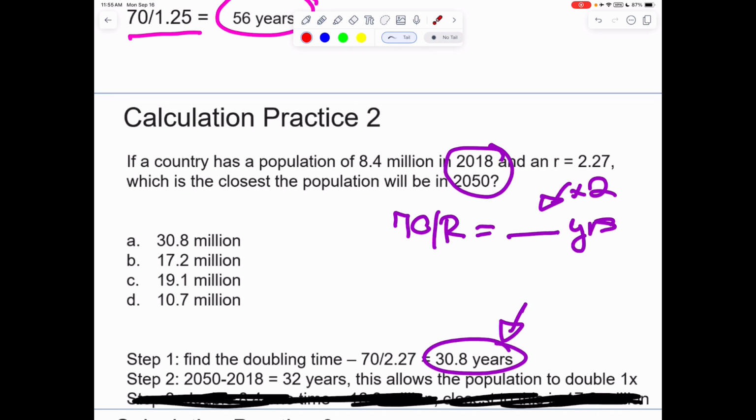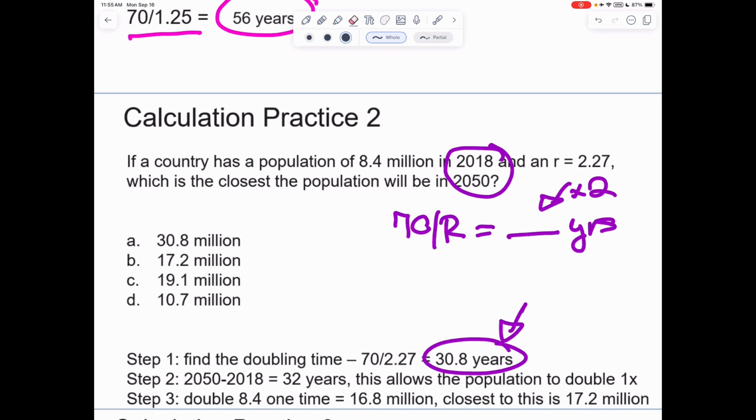And when we double it, that's going to give us 16.8 million, which is really close to 17.2 million. Because we're going longer than that 30.8 years, we actually see a difference of 32 years. That means it's going to be a little bit larger than that 16.8 million.